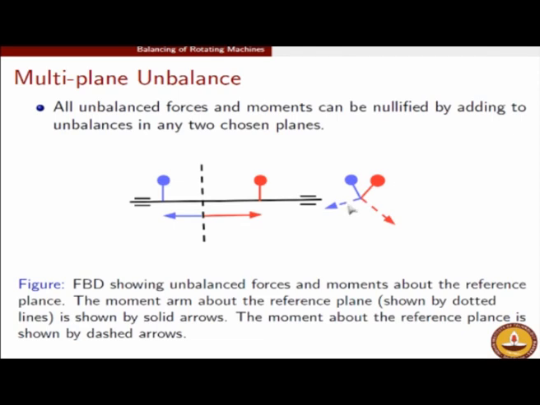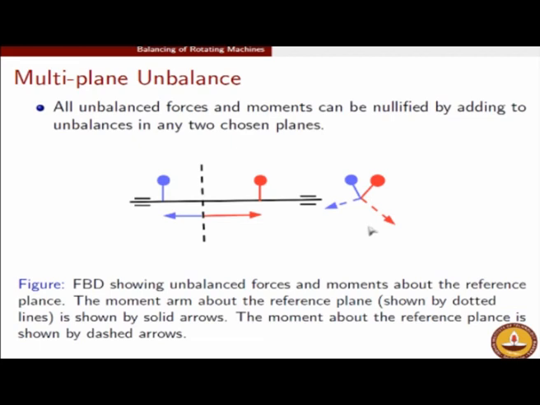Whereas for the blue vector, if I give a further 90-degree counterclockwise rotation, the moment vector will be opposite to the unbalanced vector. So that is my convention. I will not look at the actual moment, but rather at the moment rotated 90-degree counterclockwise.